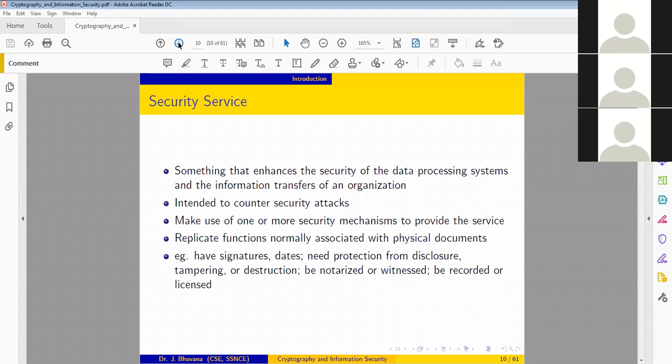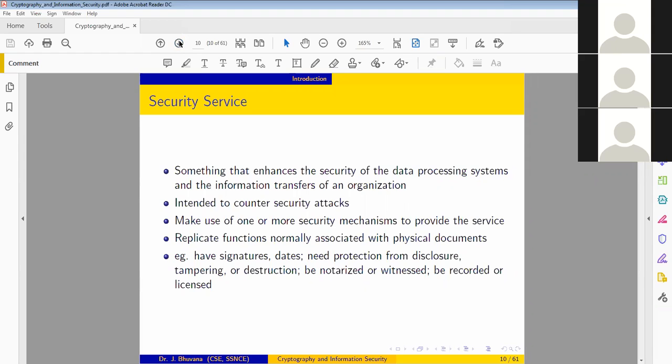If I ask you to do something, I am asking for a service from your side. If I say this is the way you are supposed to give me that functionality, then that is the mechanism. So a security service is something that counters the security attacks and implements the security mechanism.